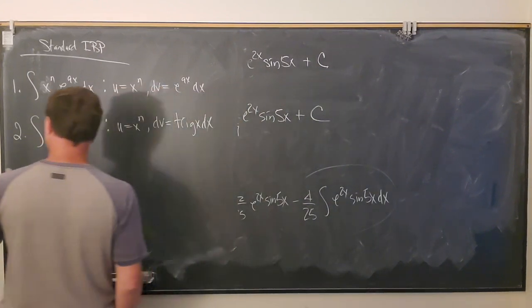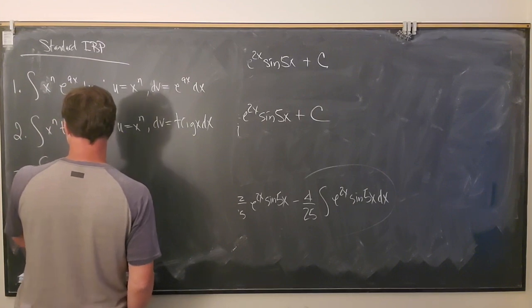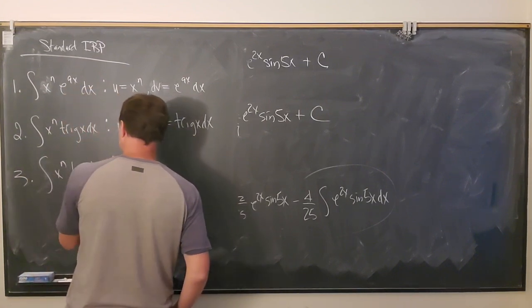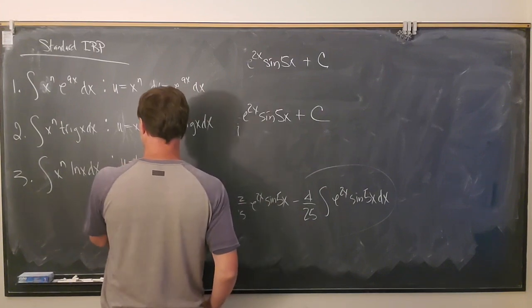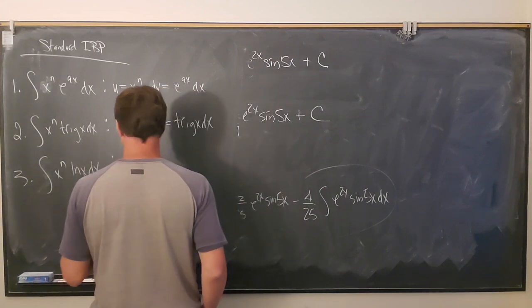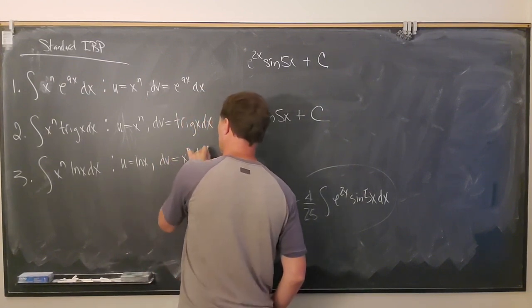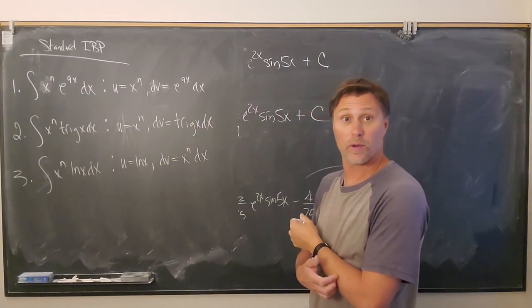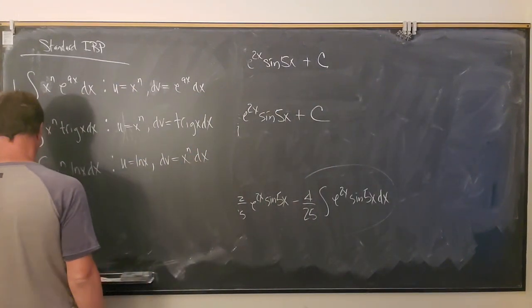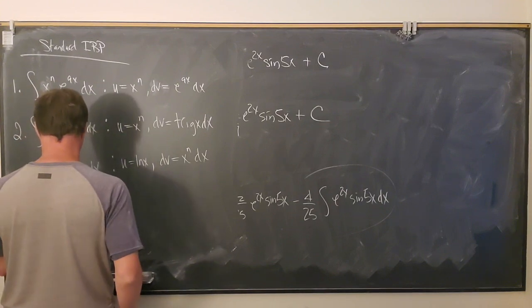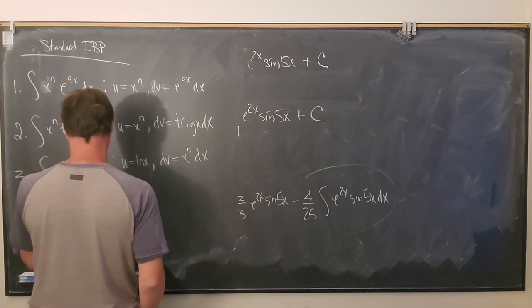The third of the standard ones is polynomial, so x to the n times natural log of x. This is the one where you do it differently, right? Let u equal natural log and let dv equal the polynomial part. So you reverse it when it involves the natural log. And then the last one is the exponential, so e to the ax times trig here, where it's either sine or cosine.